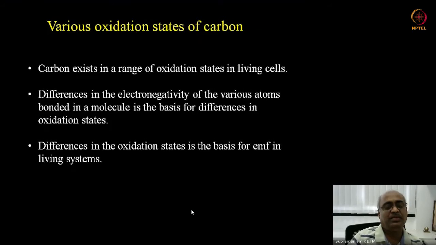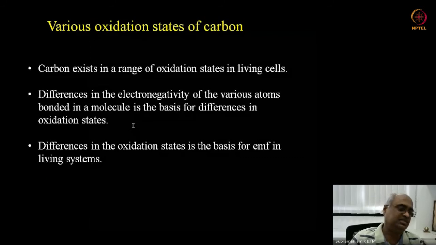Before we move further, we are going to look at the carbon's oxidation state once more. We have already paid attention to this at the very beginning, when we considered 5 kinds of reactions. In one of them, the oxidation reduction, we looked at how carbon has multiple oxidation states. We will revisit that once more in the next slide. Differences in the electronegativity of various atoms bonded in a molecule are the basis for oxidation state difference.